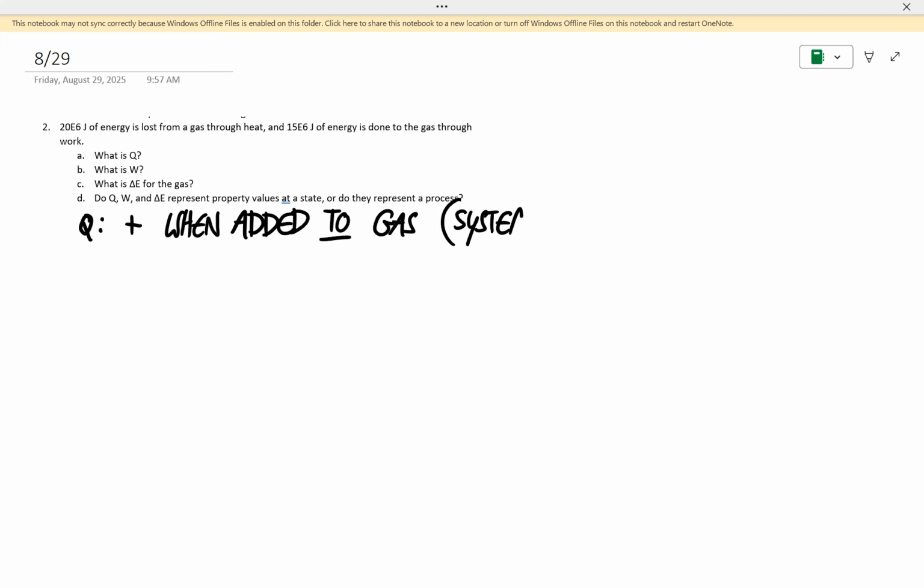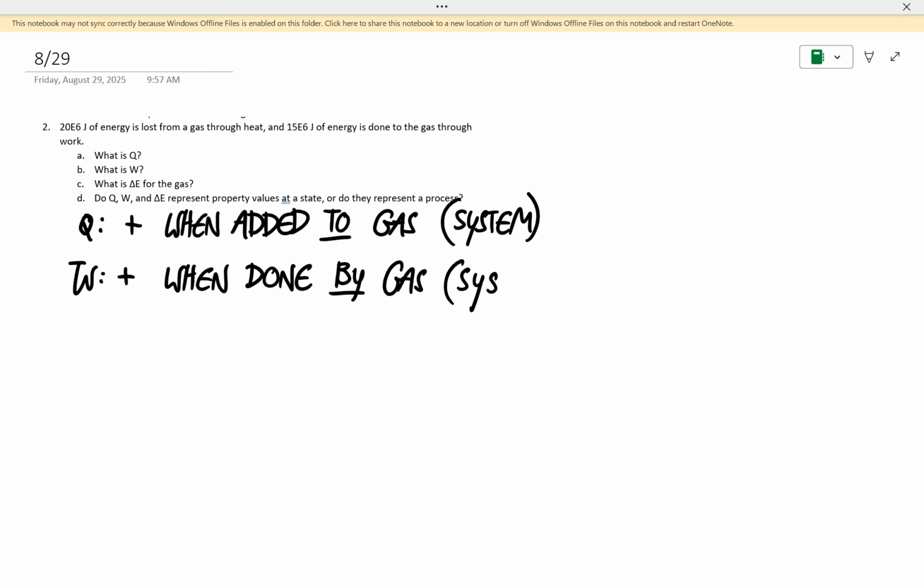That's what we're focusing on. W is positive when done by the gas. That's the sign convention here.